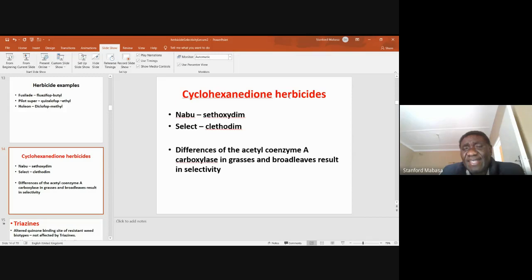In grasses, they can successfully combine with the acetyl coenzyme A carboxylase. But this cannot happen in broad-leaved crops, which results in selectivity. So they can also be used to kill grasses in broad-leaved crops, soybean and groundnuts.